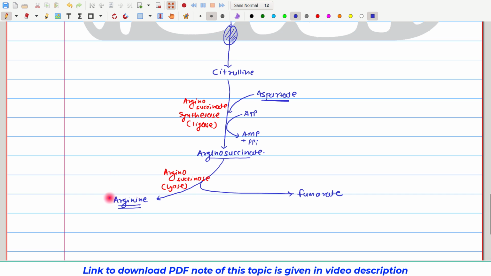See, arginine in the next step is acted upon by the enzyme arginase 1, and what this enzyme will do is break down arginine into ornithine and urea.